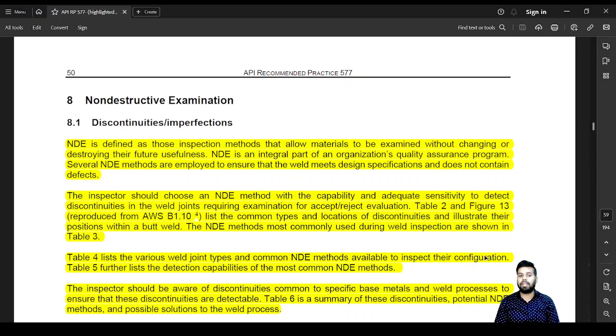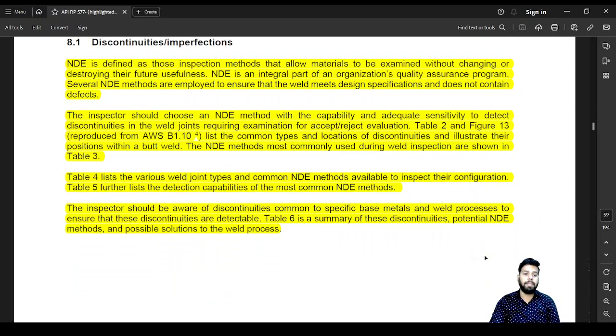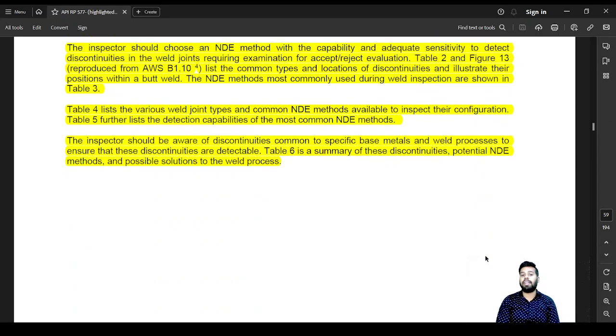Table 2 and figure 13 list the common types and location of the discontinuities illustrated in the position within the butt weld. The non-destructive methods most commonly used during weld inspections are shown in table 3. Table 4 lists the various joint types and common non-destructive methods able to inspect their configuration.